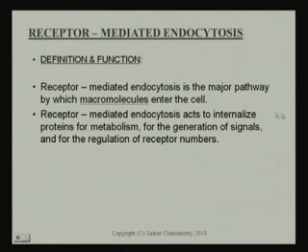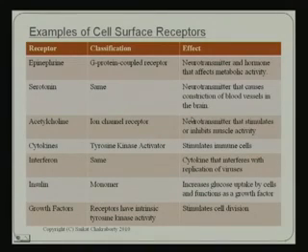The second one is generation of signals. As I said, receptor mediated transport or receptor ligand binding in itself plays a very vital role in generation of signals, in neurotransmission. So, transmission from one part of the body, say between the brain and another part of the body, has a huge impact, and I discussed this in one of the earlier slides, on the function it has in different kinds of neurotransmitters.